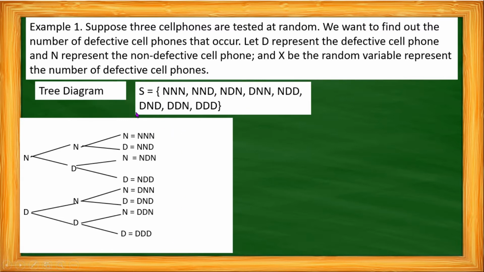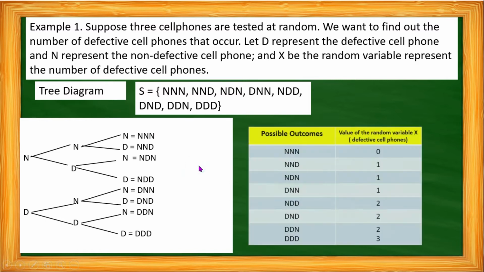This is the sample space, so we have 8 outcomes in the sample space.